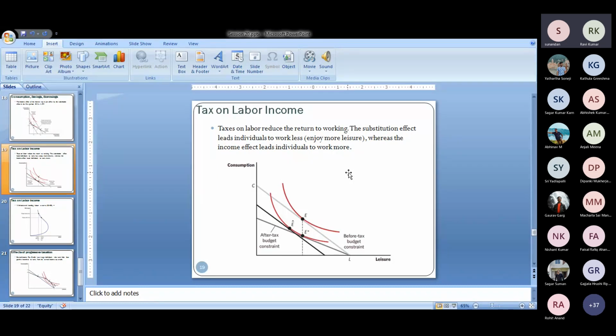No work, entirely leisure. Then the movement will pivot from L. So pre-budget, equilibrium E, post-income tax, equilibrium E star. Replace this income tax by a lump sum tax, you get E hat.